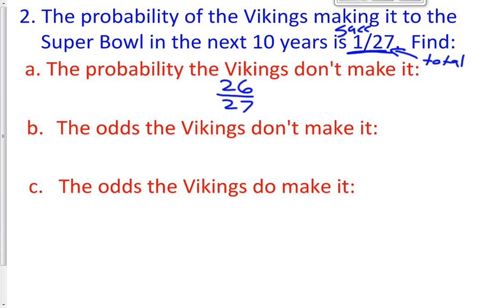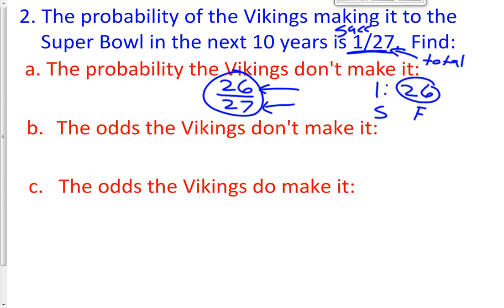So as odds, it would be 1 success versus 26 failures. So if the Vikings don't make it, that's 26. That's how we get our numerator over a total possible outcomes of 27. So 26 27ths is the correct answer for question letter A.